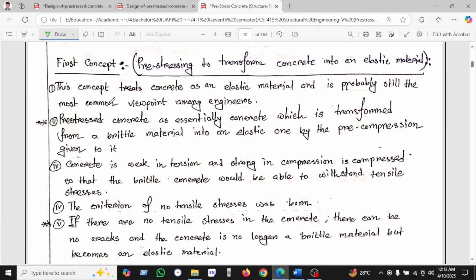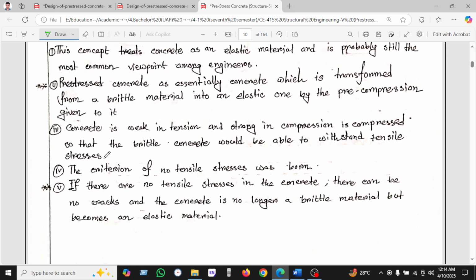This concept treats concrete as an elastic material, probably the most common view among engineers. Prestressed concrete is essentially concrete which is transformed from a brittle material into an elastic material by the precompression given initially.